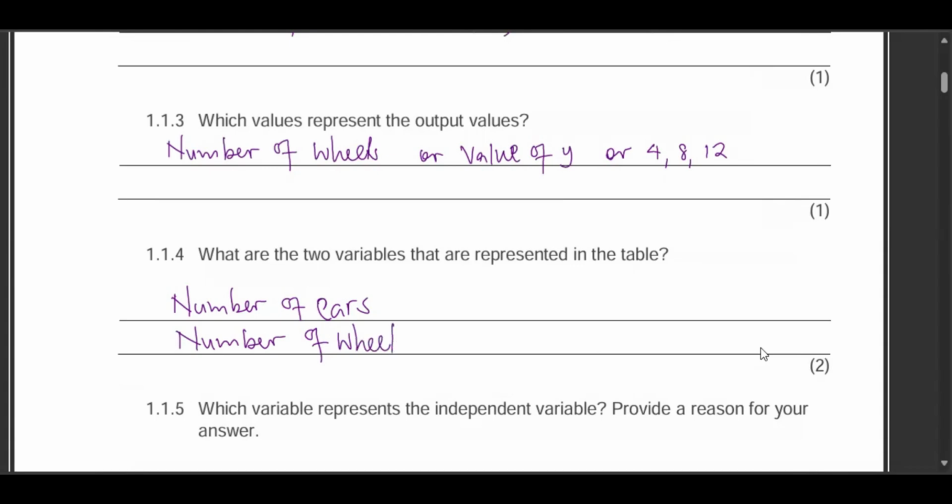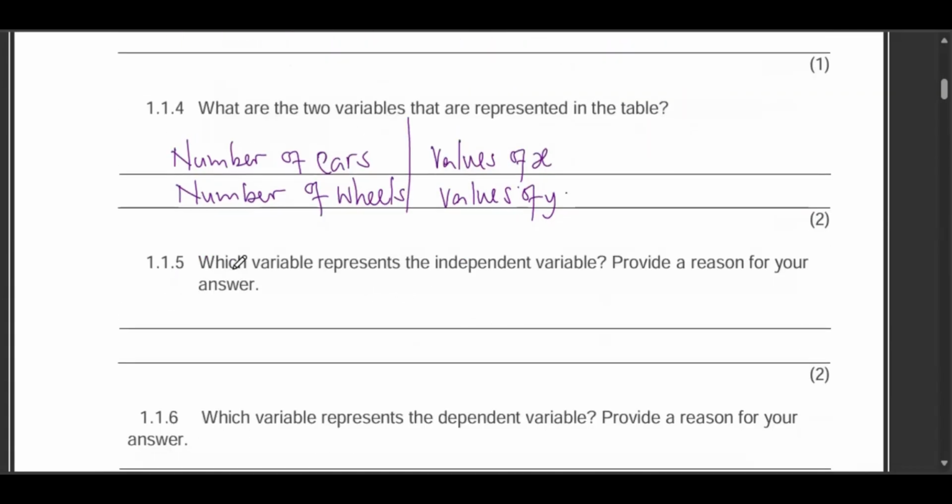These are variables. Or you can still say values of x and values of y. These are the variables. Why do we call them variables? Because they keep changing.